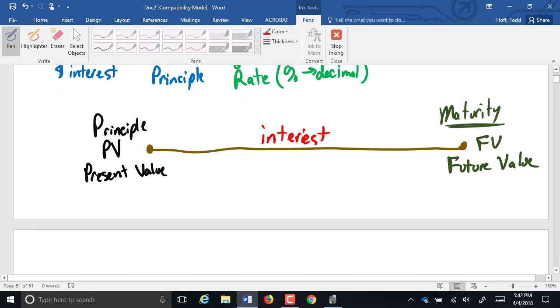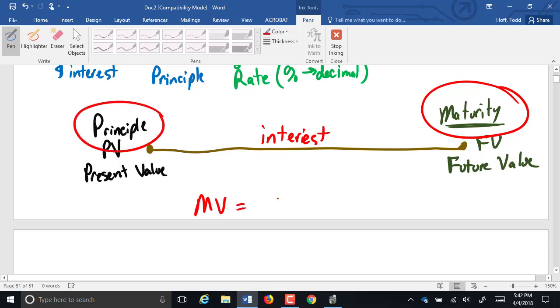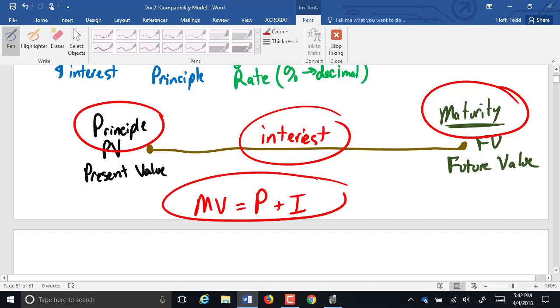So even just by looking at this timeline, you can see the maturity value or future value is equal to your principal plus the amount of interest that has been earned on it, which makes sense. MV is maturity value.